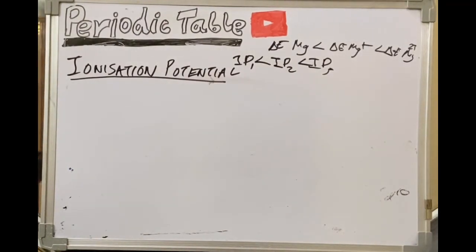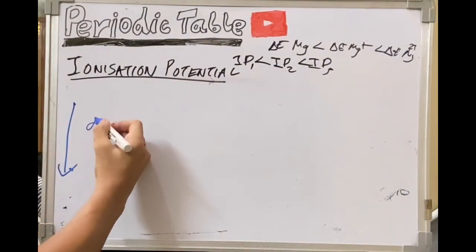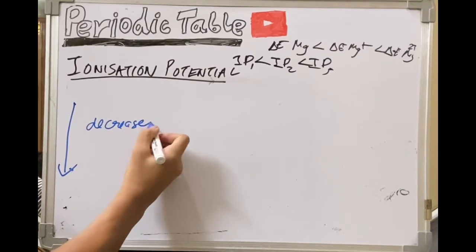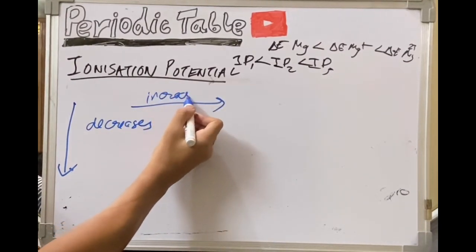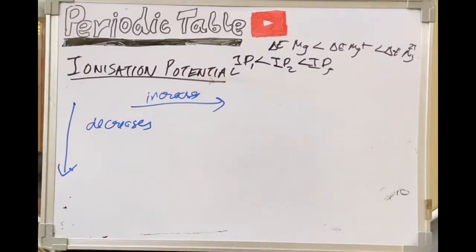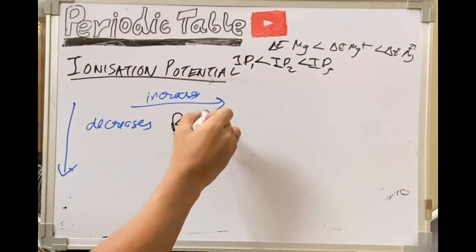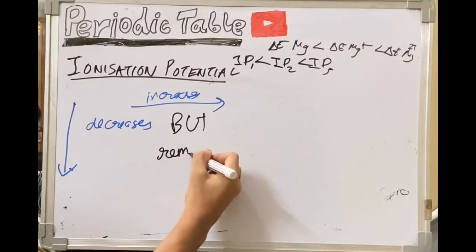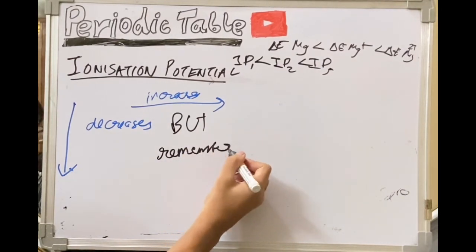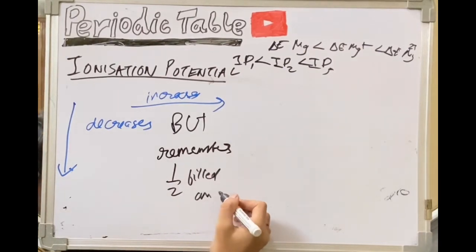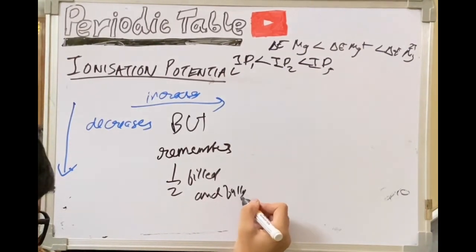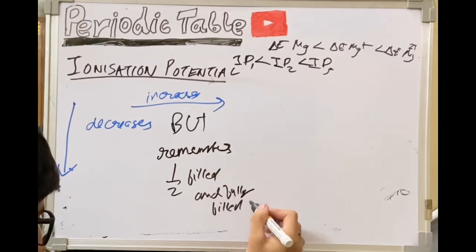It happens to have more strength in determining the factor. So down a group it decreases. Across a period it increases, but remember, half-filled and fully filled factors.